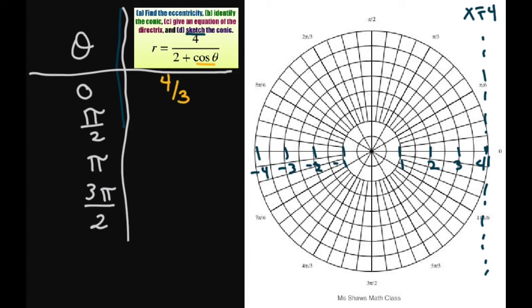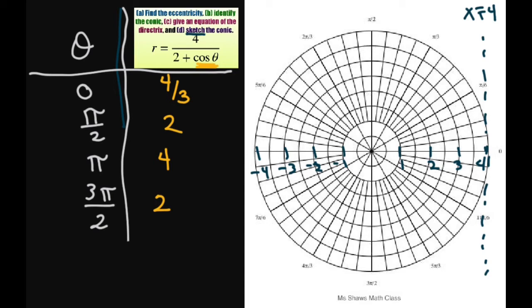At pi divided by 2, cosine is 0, so you have 4 divided by 2, which is 2. At pi, we're going to have 2 minus 1, so that's going to give me 4. And at 3 pi divided by 2, we're going to go back to 2 because that's just going to be 0 again.